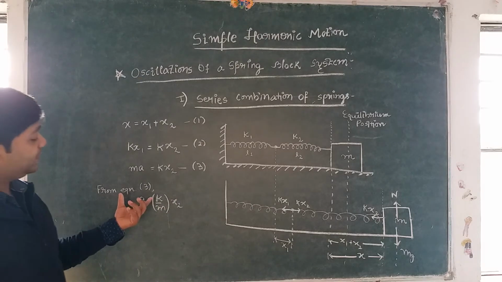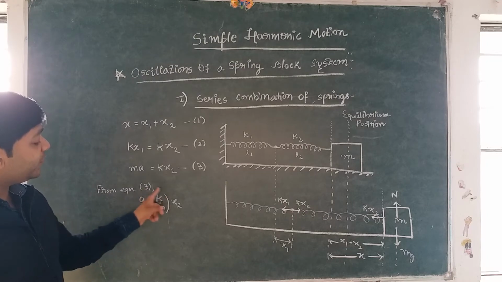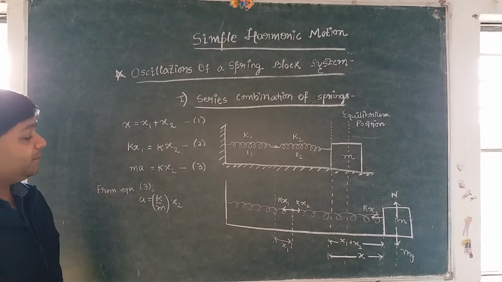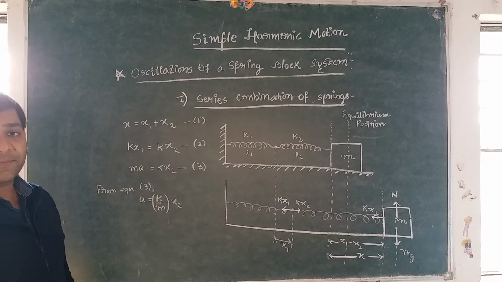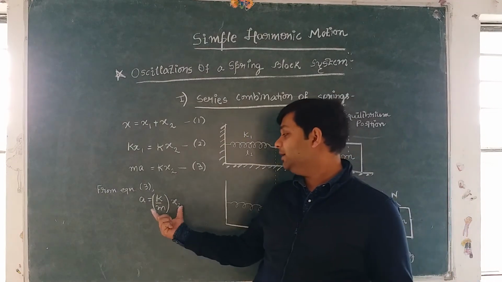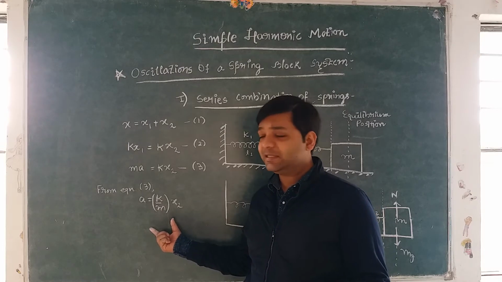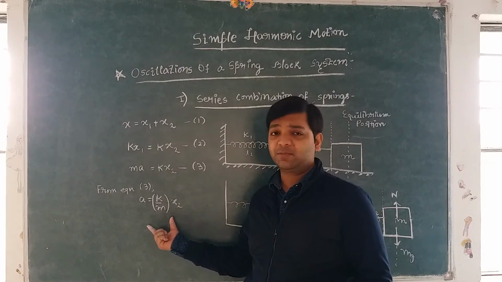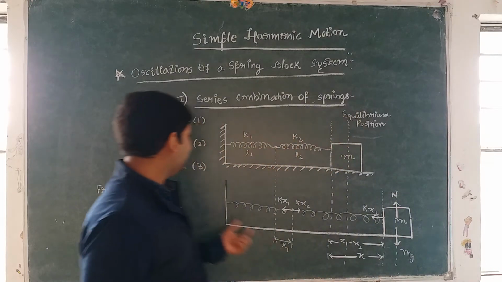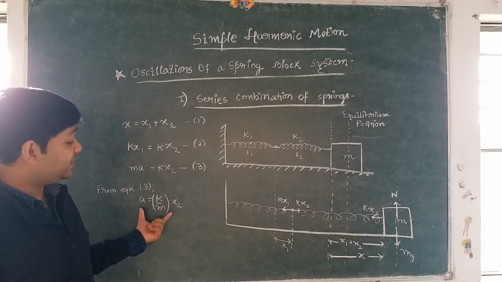Now please observe this equation carefully and tell me whether this equation corresponds to the general equation of SHM or not. Few of you will say that yes, this equation corresponds to the equation of SHM, and few of you will say no. So what is the correct answer? The correct answer is that this equation does not correspond to the general equation of SHM.